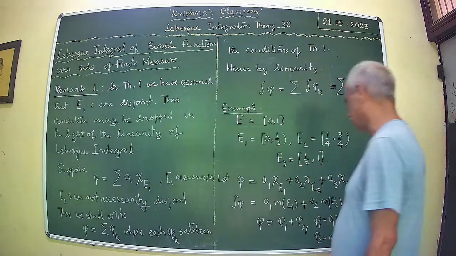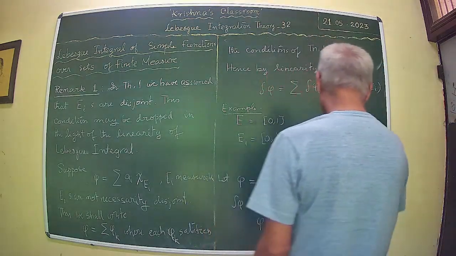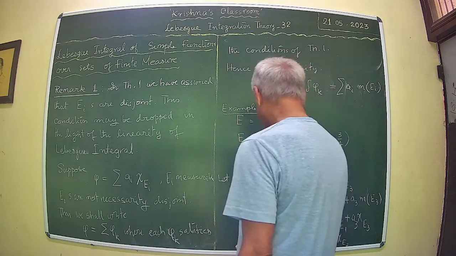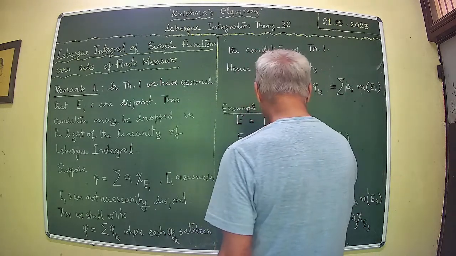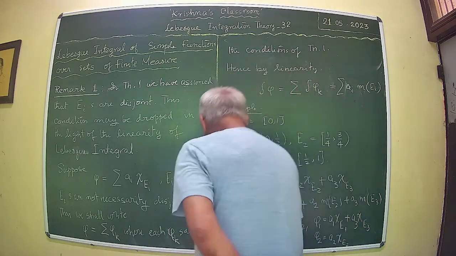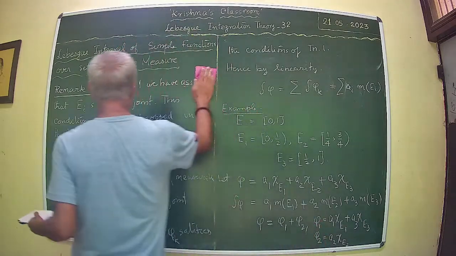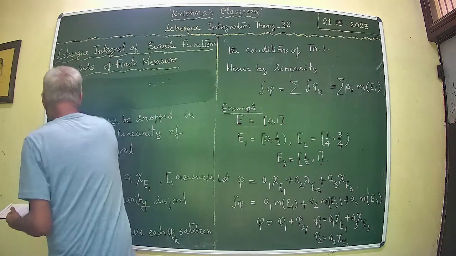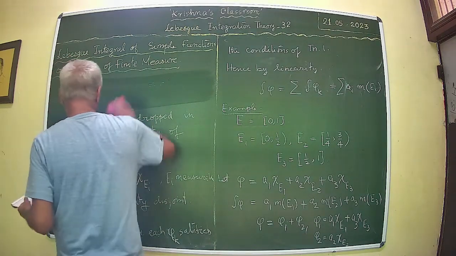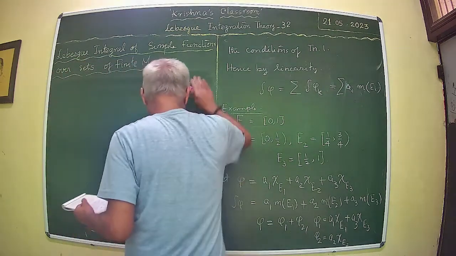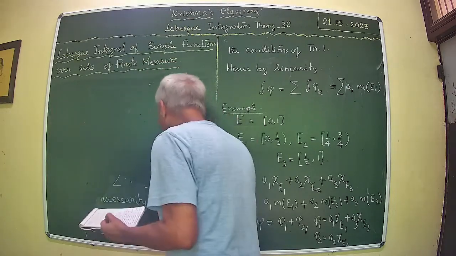They are intervals. No problem. And you can verify in this case that integral phi is equal to this one. So integral phi is integral phi 1 plus integral phi 2.